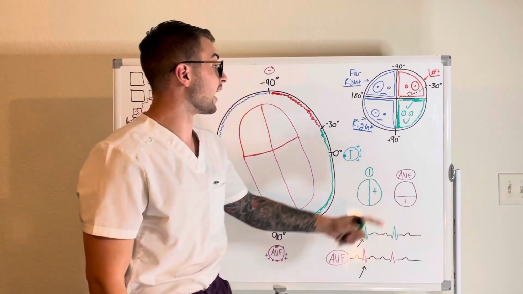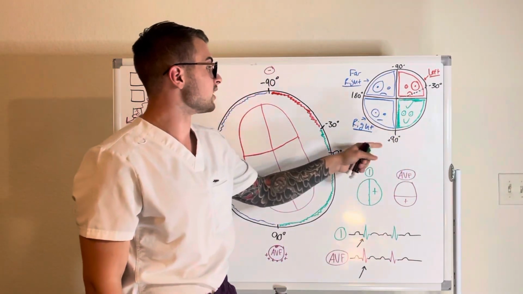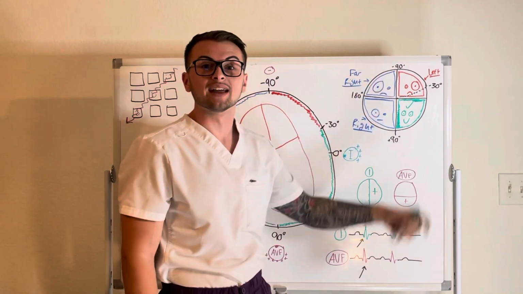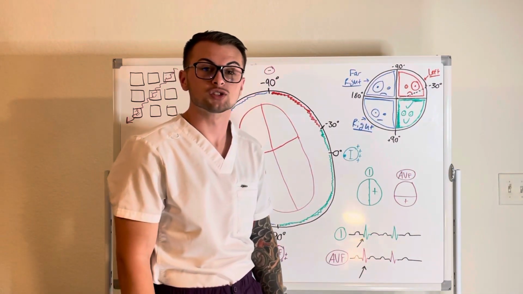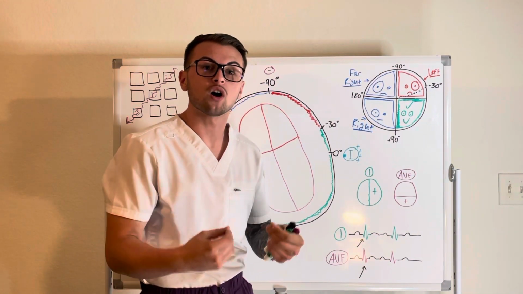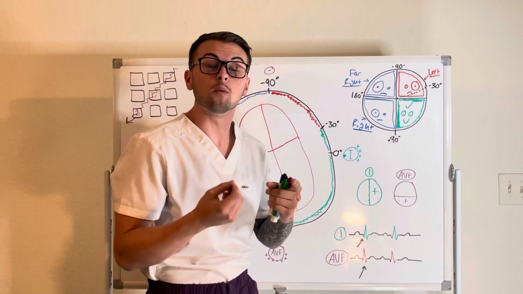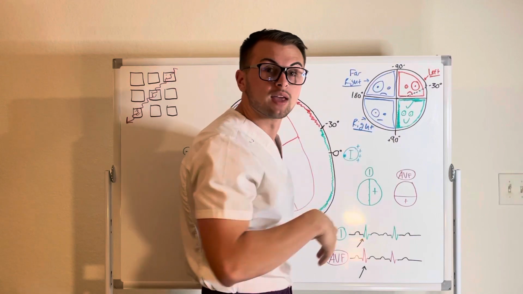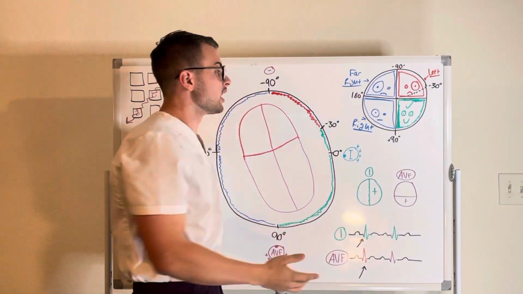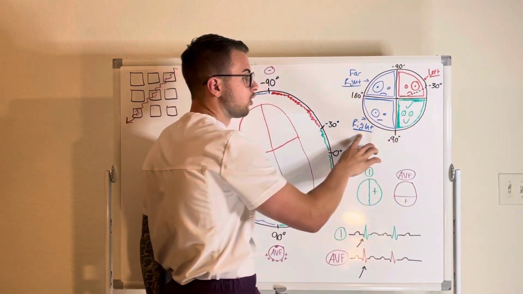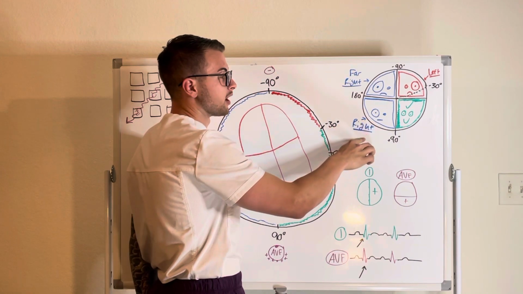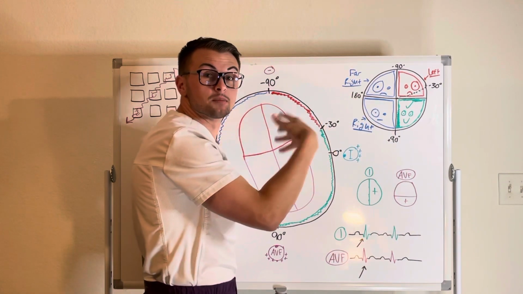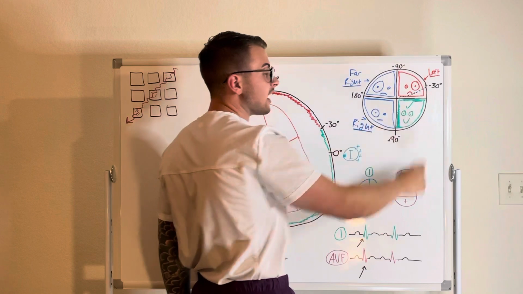We can divide it at 0 degrees, 90 degrees, 180 degrees, and negative 90 degrees. So, the majority of the heart's electrical activity will point in one of these 4 directions. It is common to label these directions as normal, right, see the big right eye, far right, see the bigger right eye, and then we have left.